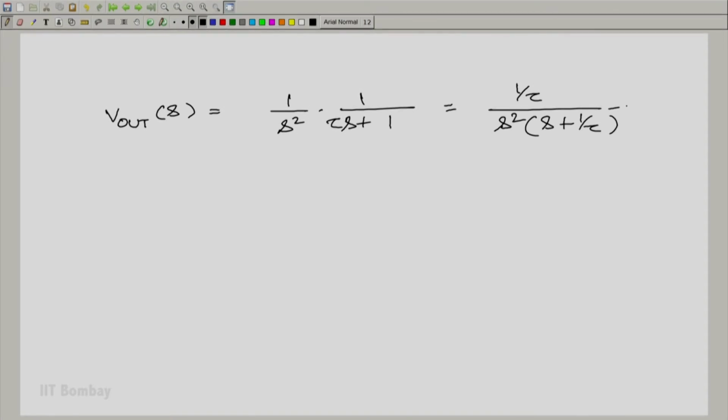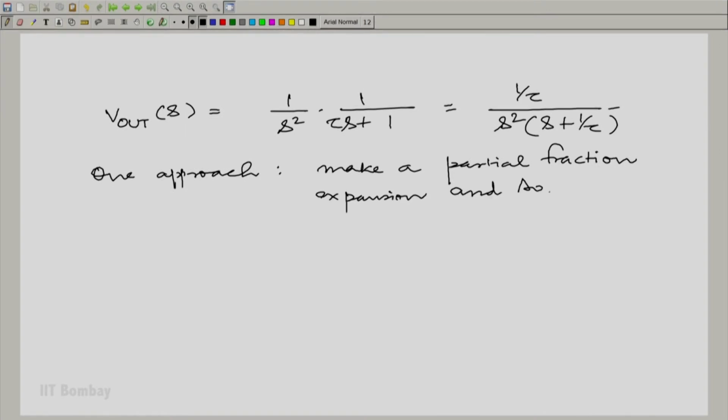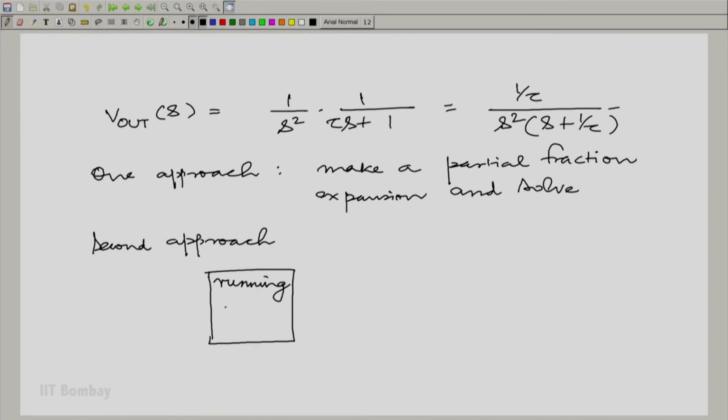Now, you can solve this by two ways. One approach is to make a partial fraction expansion as usual. The second approach is to invoke the property of the linear shift invariant system. This operation of taking a running integral is itself a linear shift invariant system.